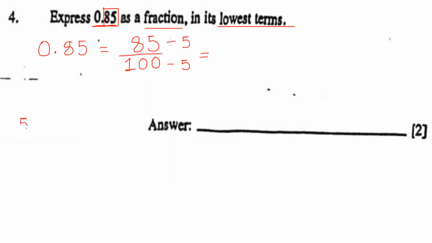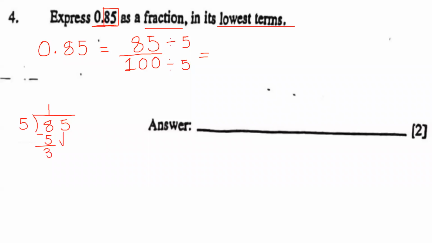So how many times does 5 go into 85? Let's see. We know that 5 goes into 8 how many times? 5 goes into 8 once. 5 times 1 is 5. 8 minus 5 is 3.